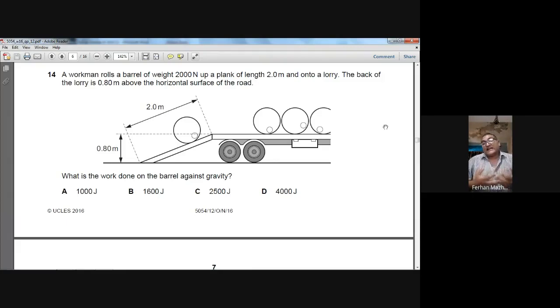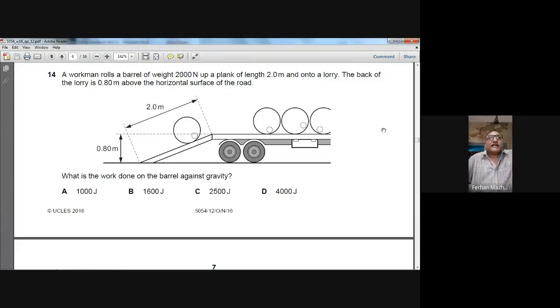So work done here, because you have moved the barrel to a certain vertical height, which is 0.80 meter, we can calculate the work done with the formula change in the potential energy. So how much is the change in the potential energy? That is equal to mgh, or weight into height. We know the weight of the barrel. We know how much vertical height this barrel has gained.